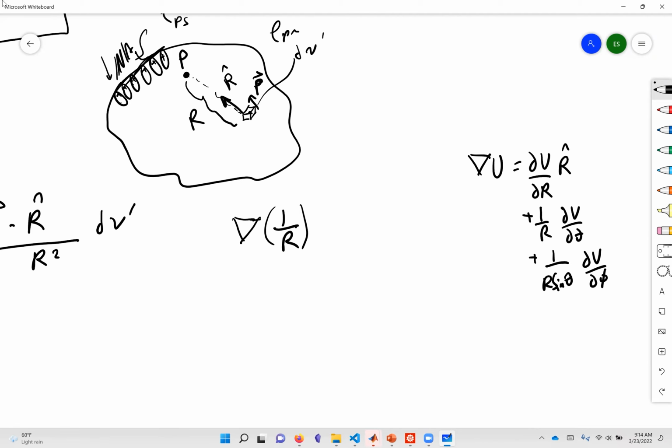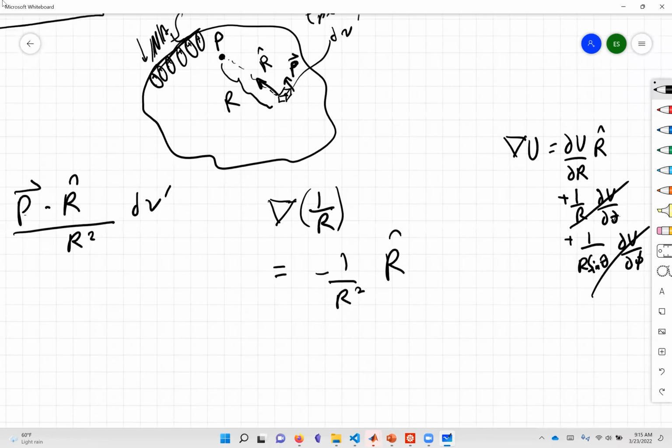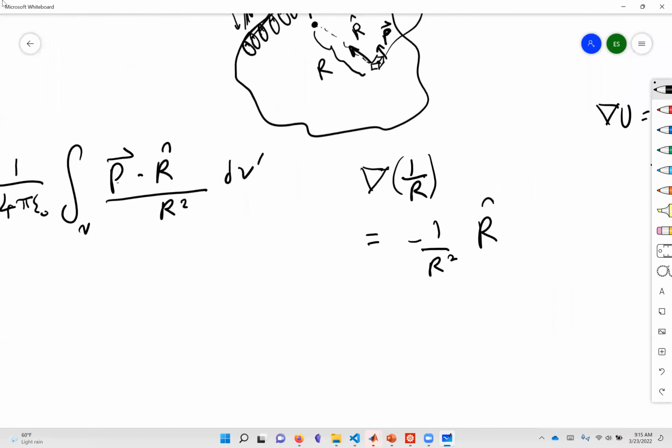What's the gradient of 1 over R in spherical coordinates? Well, d of 1 over R over theta is 0, over phi is 0, so we don't worry about those terms. We only have to worry about R. So 1 over R differentiated with respect to R is minus 1 over R squared, R hat. So notice R hat over R squared shows up here.